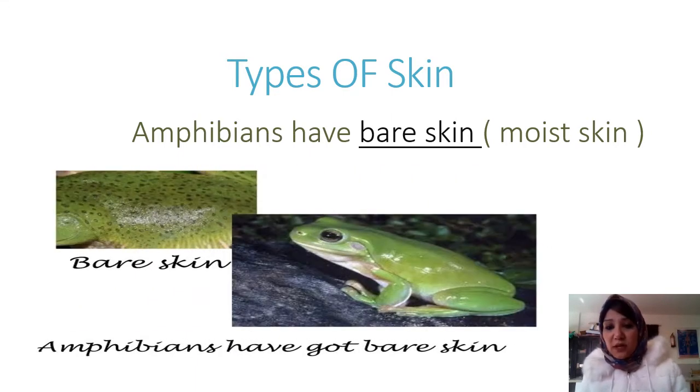What does it mean? Bare skin means that its skin looks like wet skin, as if it has water on it, like this. Frogs are an example of amphibians. Its skin looks wet, so it is called bare skin or moist skin.